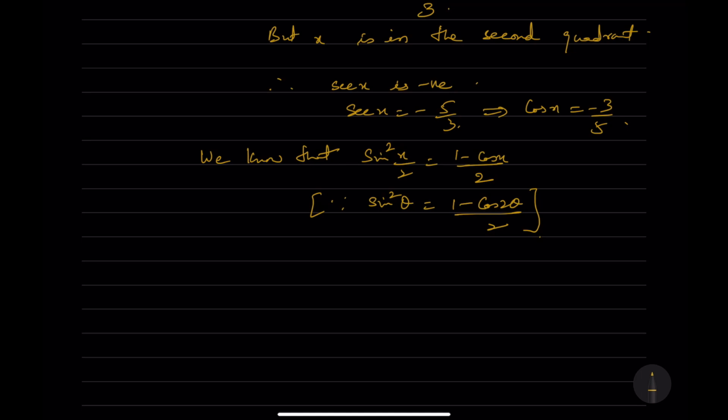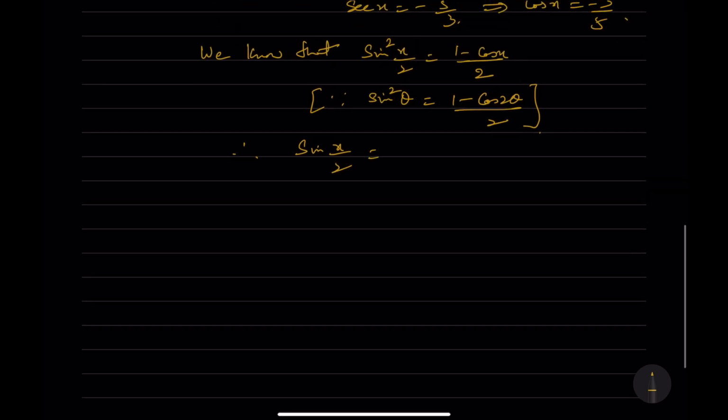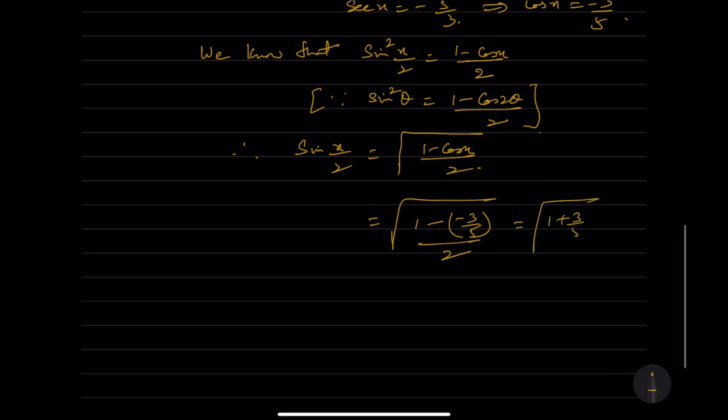In the place of theta we are taking it as x by 2. So we are getting this value, which implies that sine of x by 2 is equal to under root of 1 minus cos x by 2, which is equal to under root of 1 minus of minus 3 by 5 by 2, which is equal to under root of 1 plus 3 by 5 by 2.